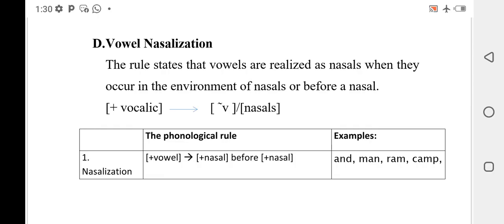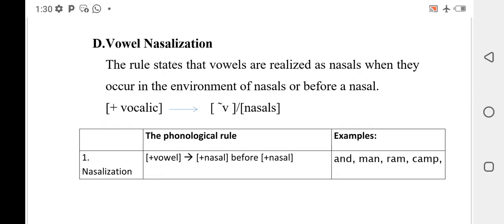Vocalic shows that it is a vowel sound. So plus vocalic, that is the vowel sound, is realized as nasalized. This symbol on V is nasalized. It is supposed to be on top of V, which is the vowel, but because of typing, I cannot put it there.